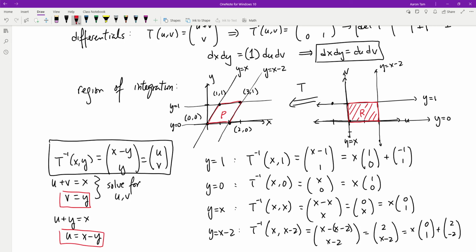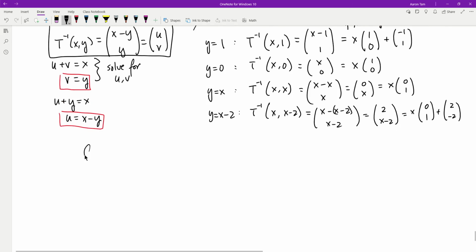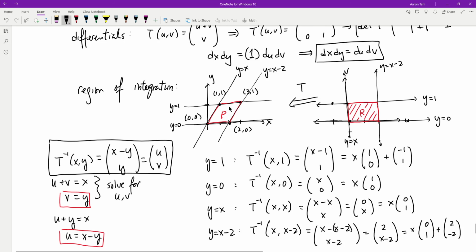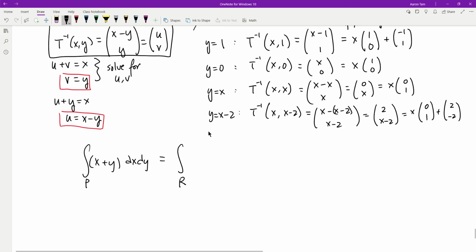So now I'm ready to form my integral, now that I have everything I need. So my original integral is the integral over P of x plus y dx dy. That's what dA in xy would be. And based on the Jacobian theorem, that would mean that now I'm integrating over R, because R is the corresponding region to P. And we need to change the integrand. x plus y turns into u plus 2v.